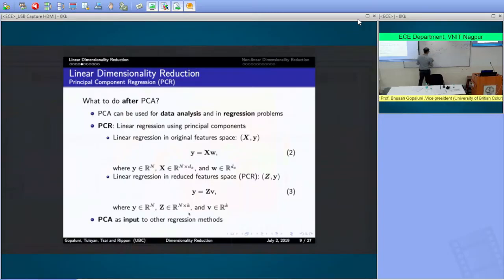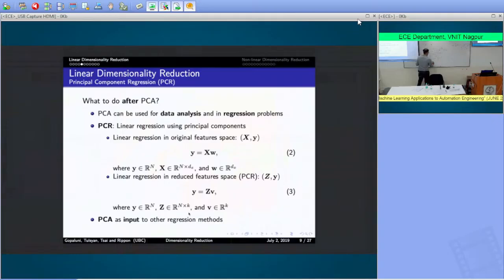Now I can simplify this further. So I get 1 over n. Simple matrix algebra. If you don't understand something, let me know. Now this is by definition an identity matrix.